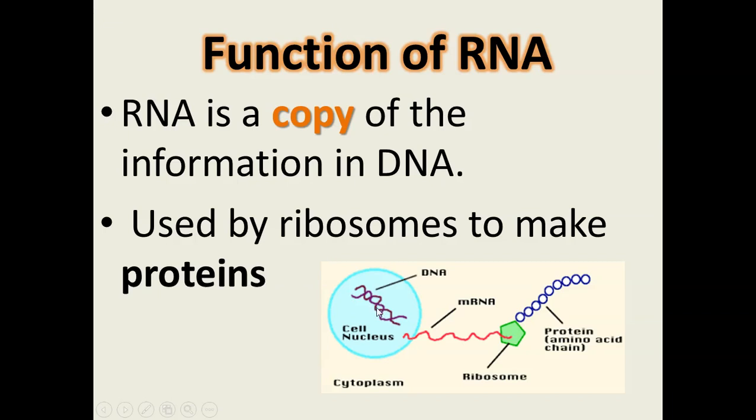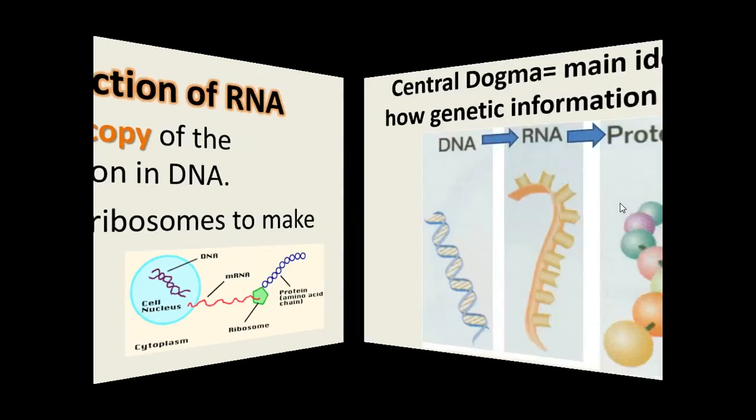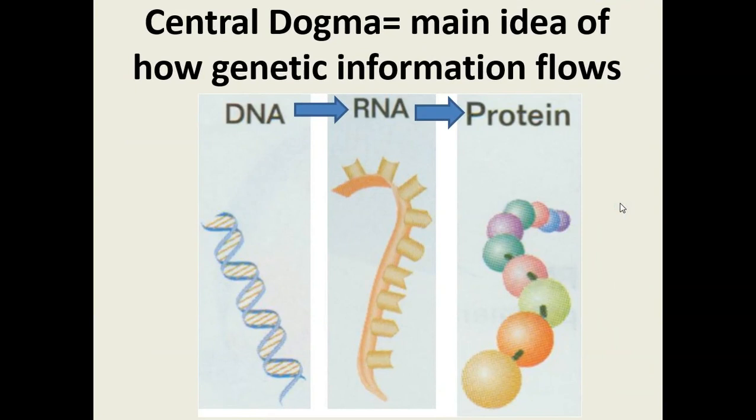So here's my DNA in the nucleus of the cell. I'm going to copy it and make RNA that can leave the nucleus. It's going to get fed through a ribosome and then make proteins that your body can use to make new cells or that kind of thing. All right, this is actually called the central dogma, like the main idea of biology.